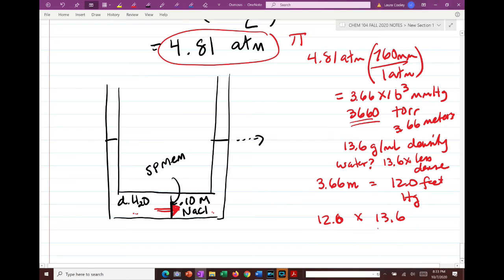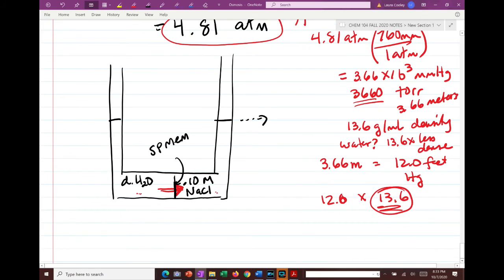I'm not going to give you a problem like that, but this is the density of mercury relative to 1 gram per milliliter, which is the density for water. If you multiply that together, it comes out to approximately 160 feet.